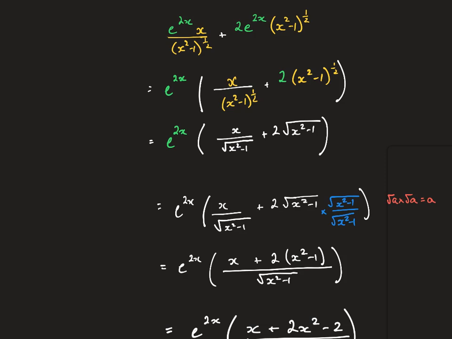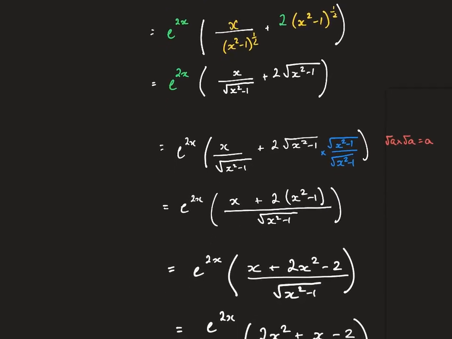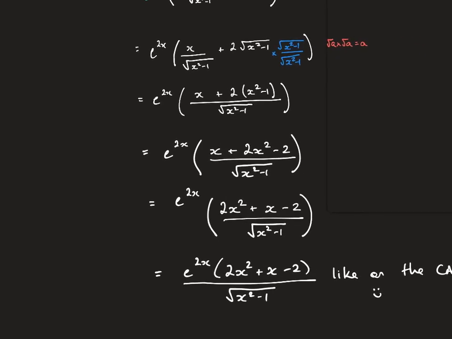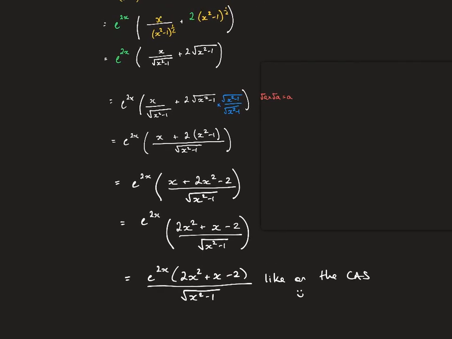So I then simplify, write this fraction with the same denominator, expand out my brackets, rearrange, and then finally I get what I had on my CAS. And so you can see that all of this simplification is just playing around with the arithmetic and the algebra.